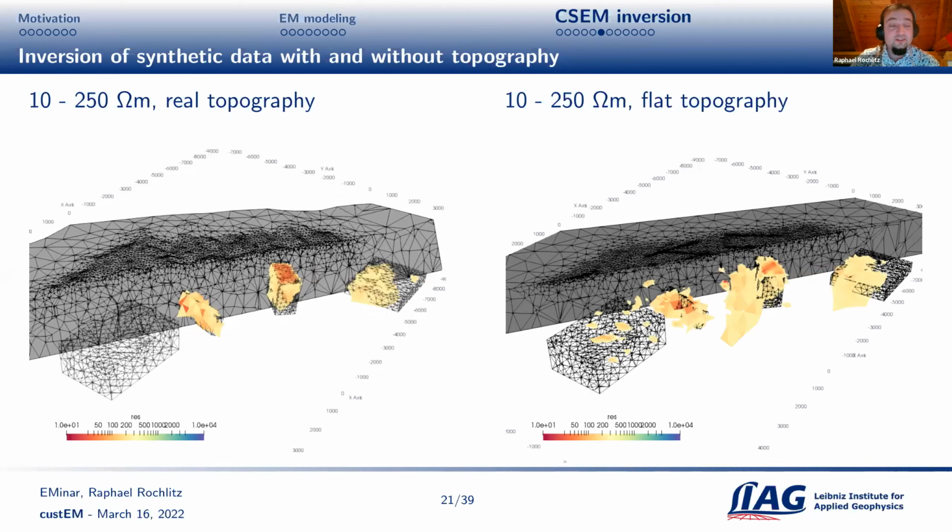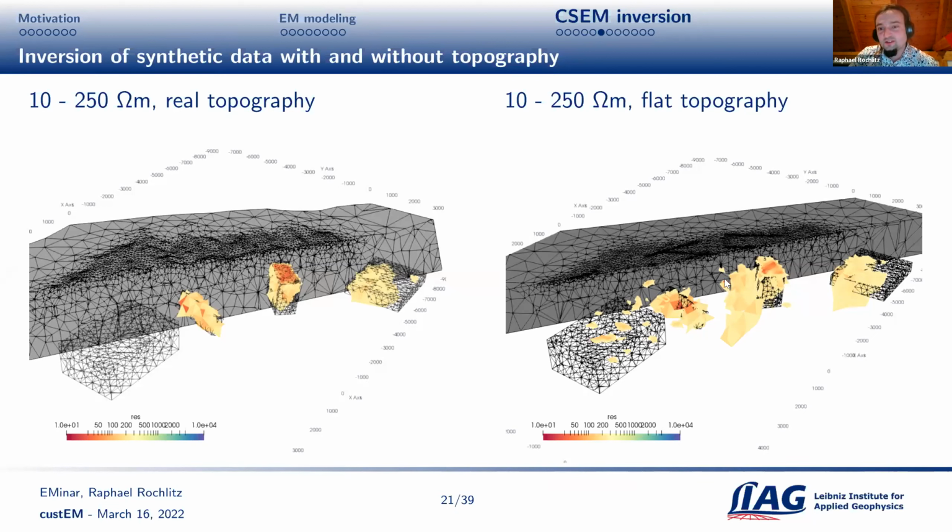So continuing further until 250 ohm meter. Yes, we have also the less conductive brick now involved in our view. And in the flat topography inversion, we see even more artifacts, mainly on the surface, but also kind of larger volume down here. And this is in about 500 to 1 kilometer depth with, let's say, 200, 250 ohm meters.